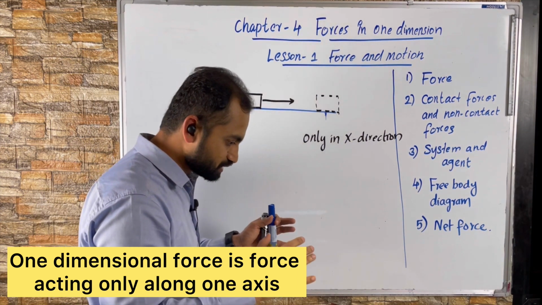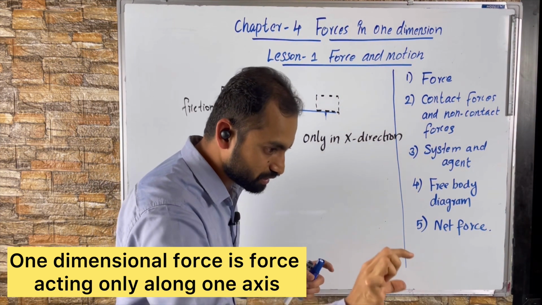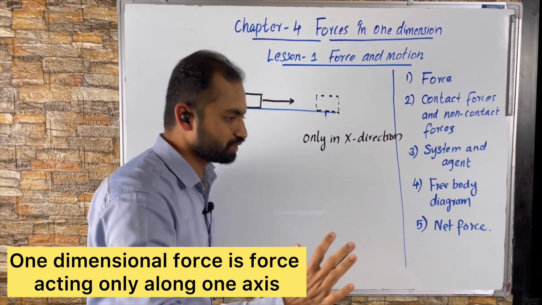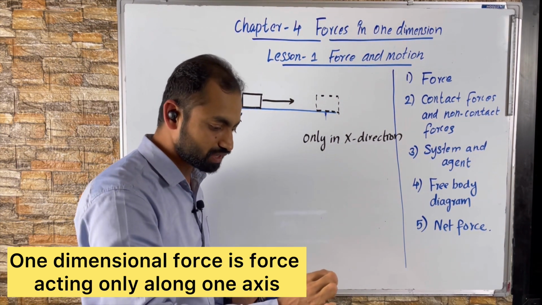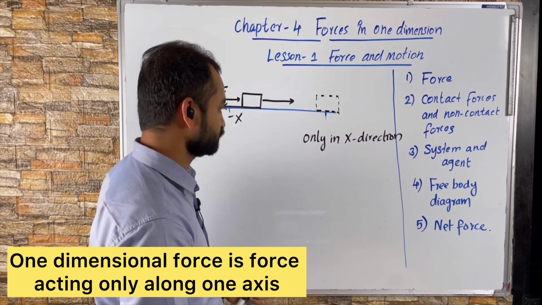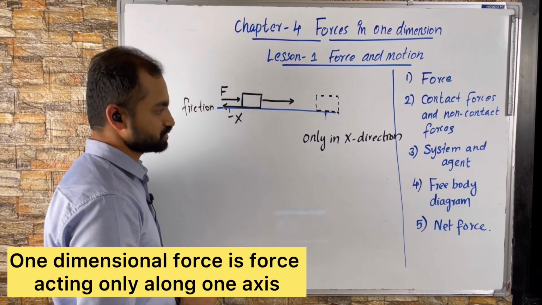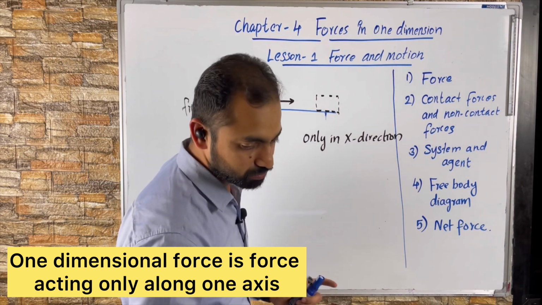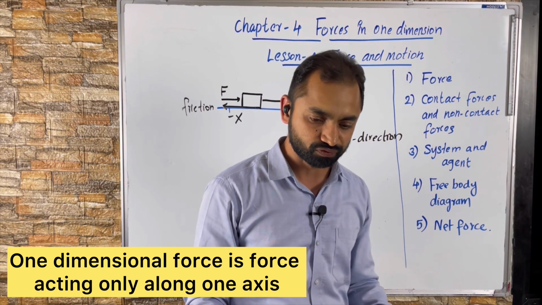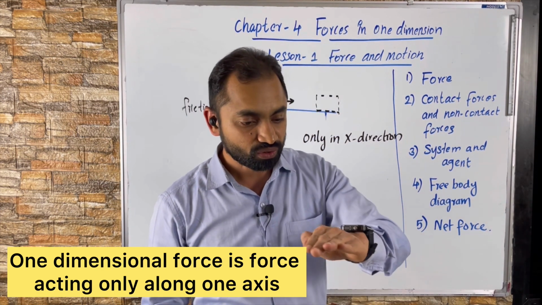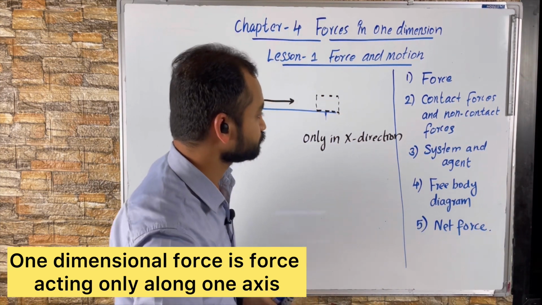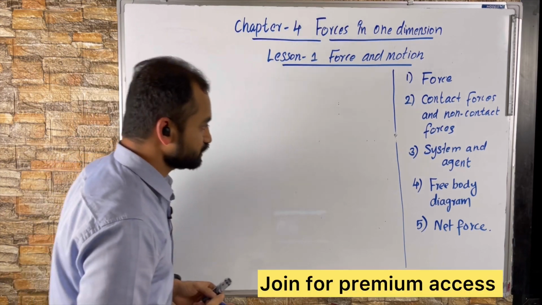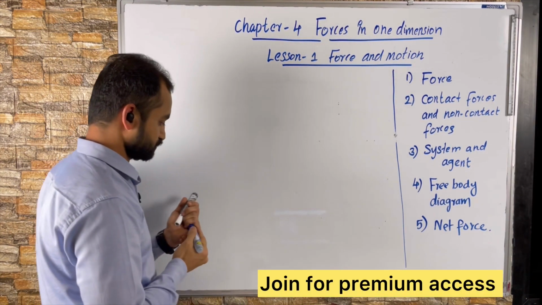So force acting only along the x direction, or only along the y direction, or only along the z direction, means force acting only in one direction, is called one dimensional force. So in this chapter we will be discussing the forces that are acting only along one direction. Is it clear?